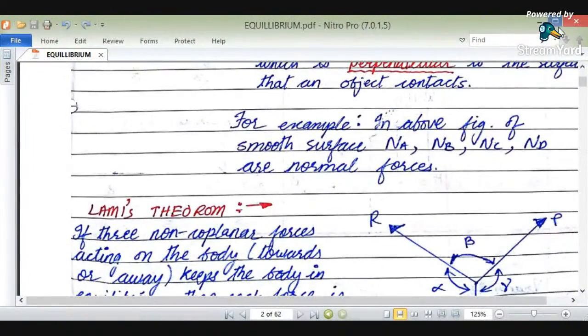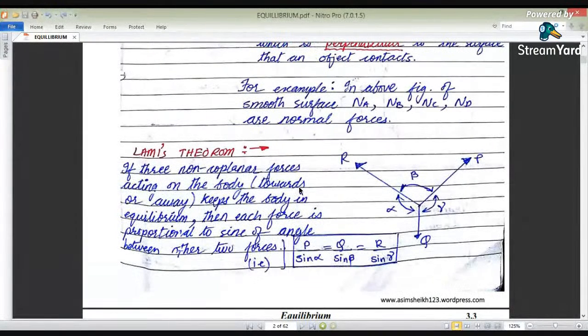Lamy's theorem says that if three coplanar forces act on a body, towards or away from a point, and keep the body in equilibrium, then each force is proportional to the sine of the angle between the other two forces.